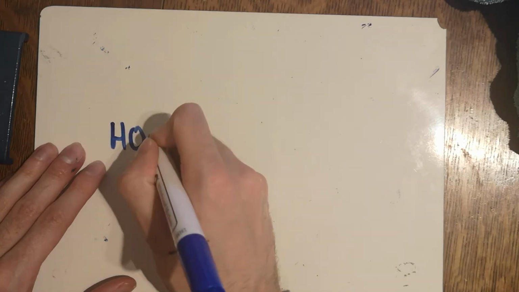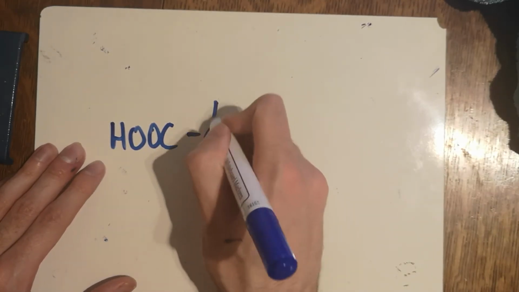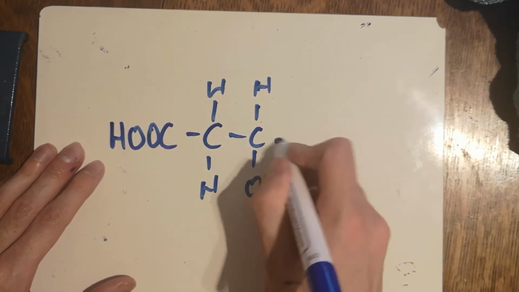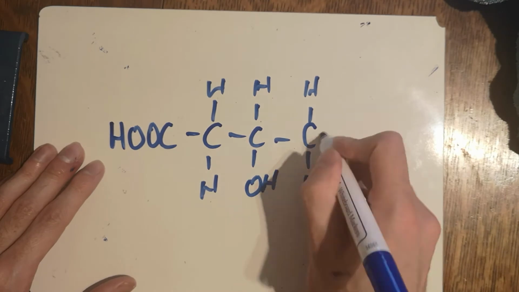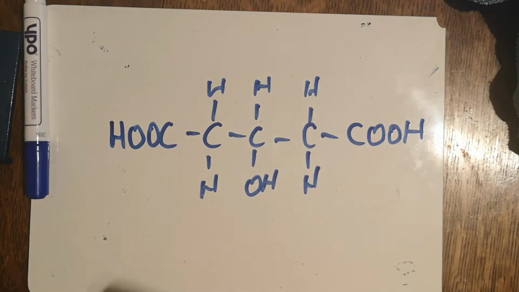Question 6, number of peaks on the proton NMR spectrum. We've got our carboxylic acid into a CH2, into a CH with an OH on, into another CH2, into another carboxylic acid.